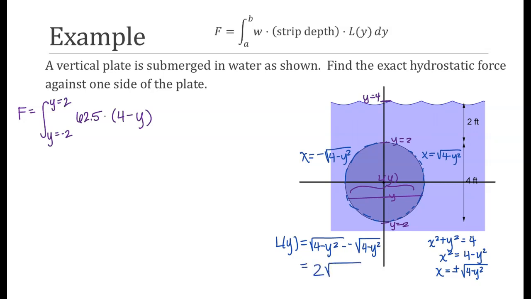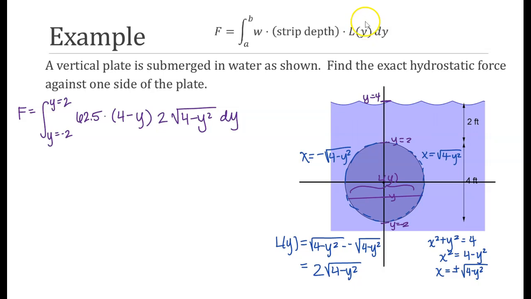That's 2 copies of radical 4 minus y squared. And again, that makes sense. So the right side is radical 4 minus y squared, and we are doubling that because of symmetry. So 2 times radical 4 minus y squared is L of y. So let's plug that in here. 2 times radical 4 minus y squared dy.